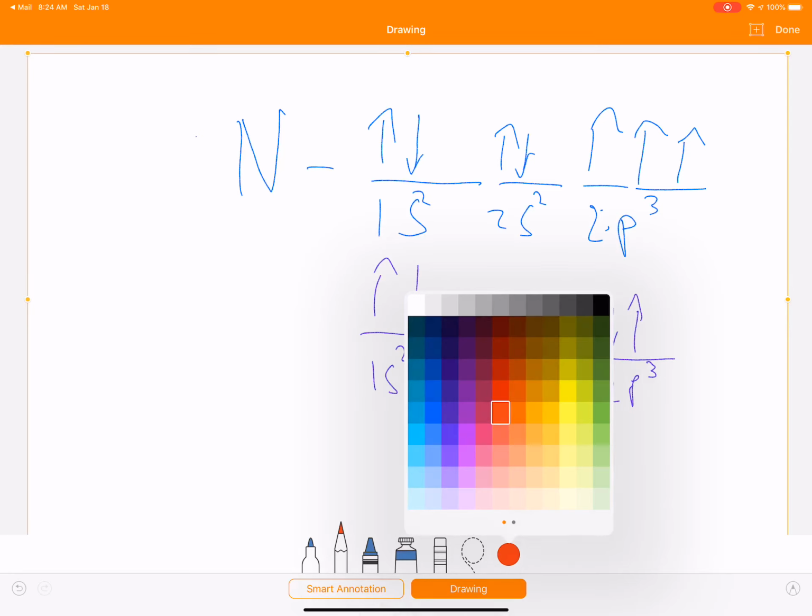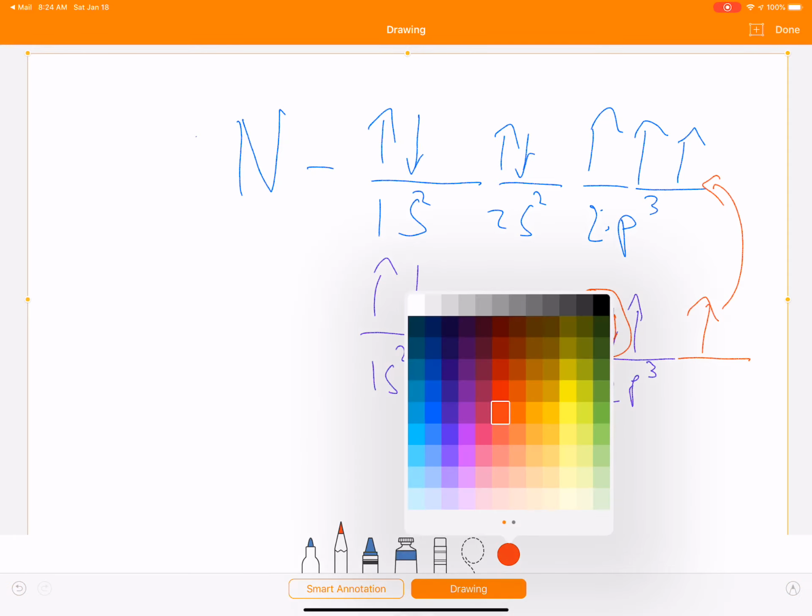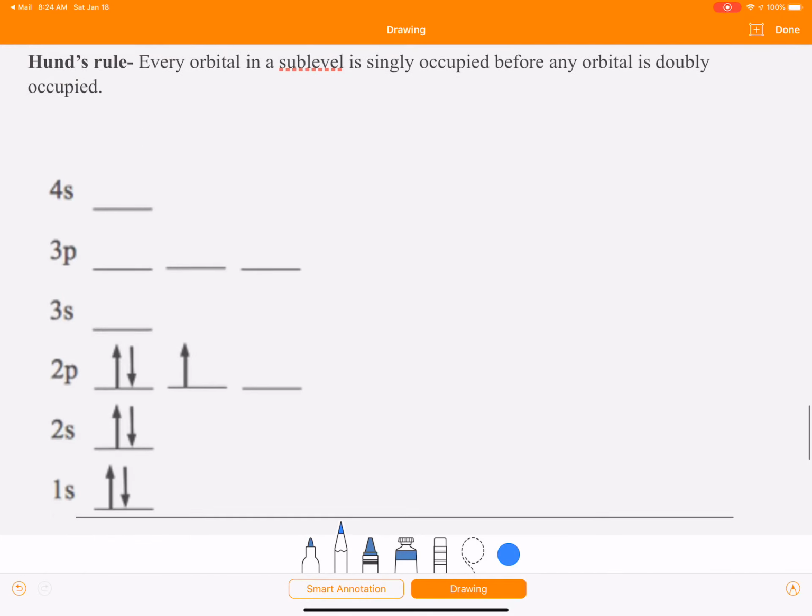If you don't, I double occupied that orbital before singly occupying every orbital. So really I should have spaced it out like that, but I doubly occupied it before spacing it out completely, and that's a violation of Hund's rule, which I believe I have a diagram of right here.